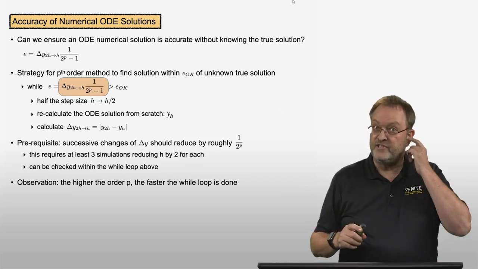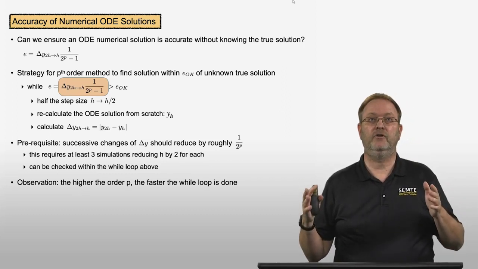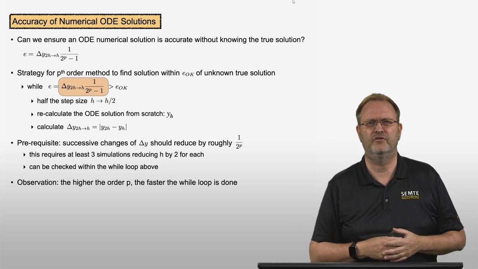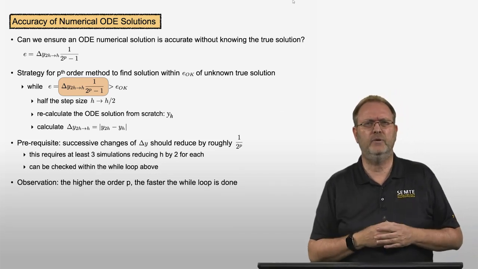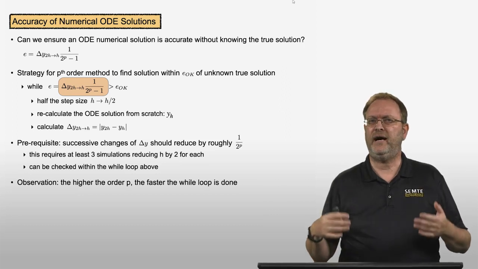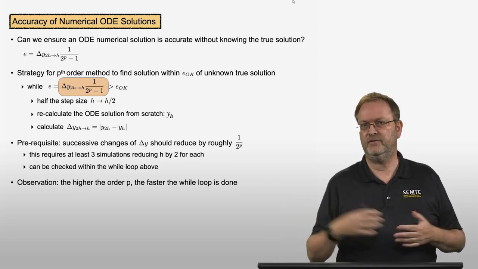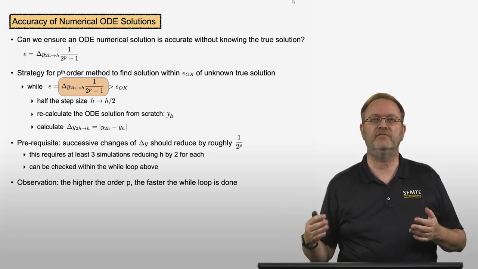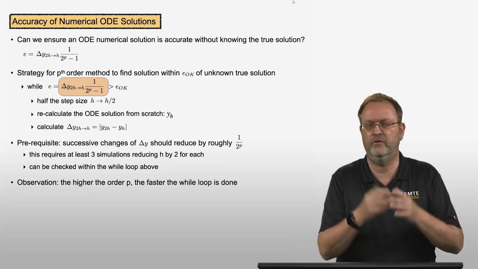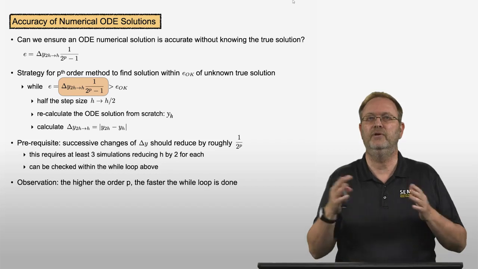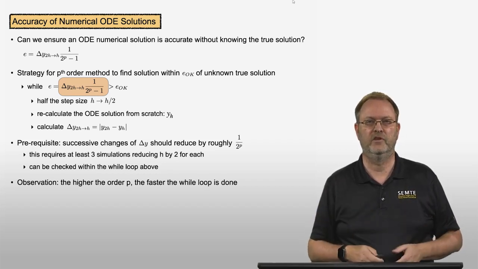Now, there's one observation that I want to make here concerning which order of method should we really choose. And you'll see from this formula up here that the higher the order p is, the faster the above while loop will be done, because this e on the left-hand side here reduces quicker. Now, why is that?